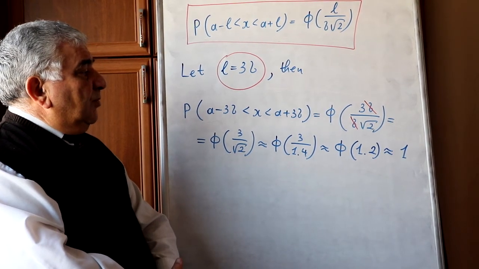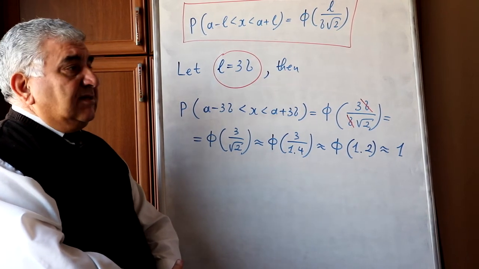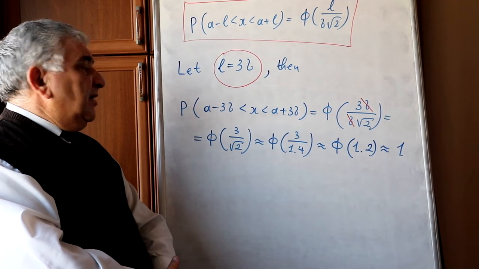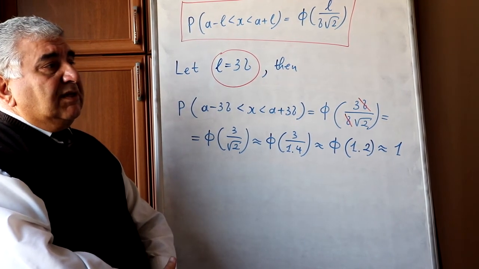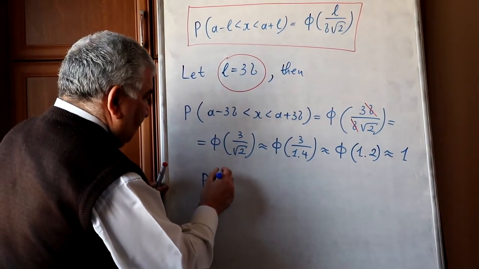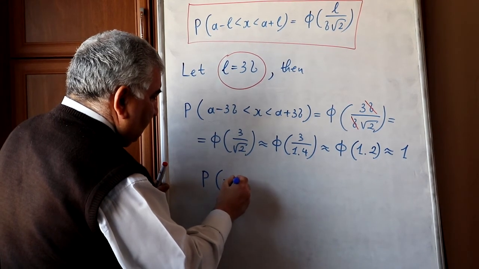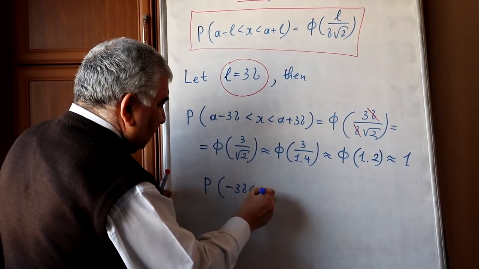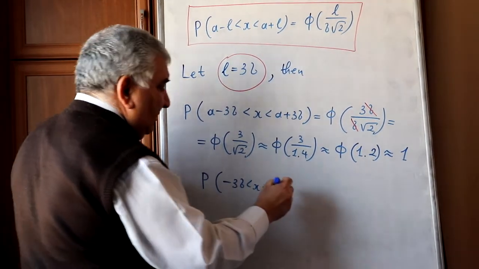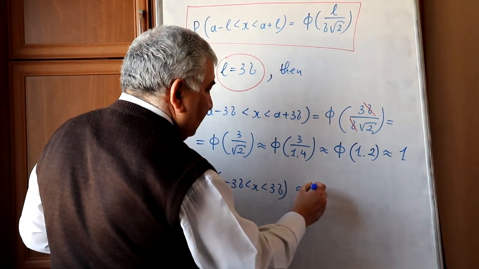But our probability doesn't depend on the symmetry center A, therefore we can write also P from minus 3 sigma to plus 3 sigma. Therefore we can write P capital of the interval from minus 3 sigma to plus 3 sigma is approximately equal to 1.